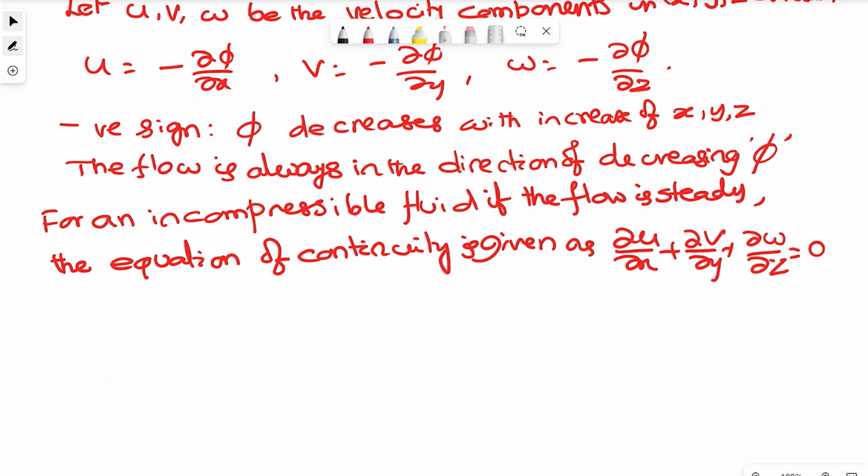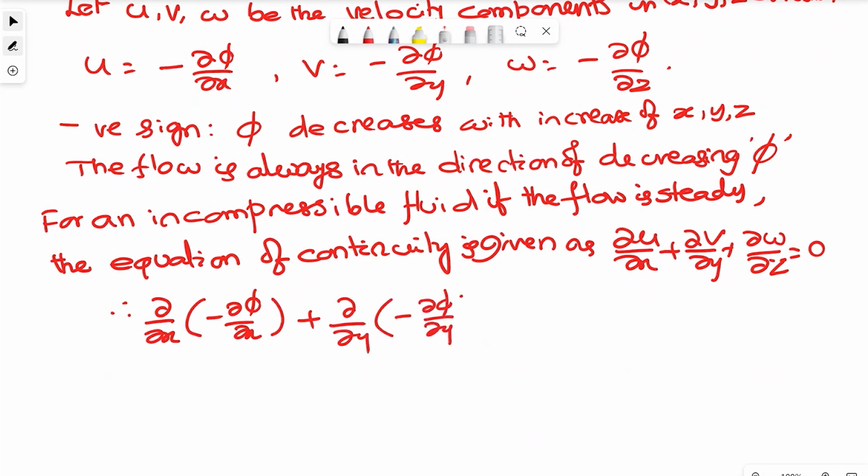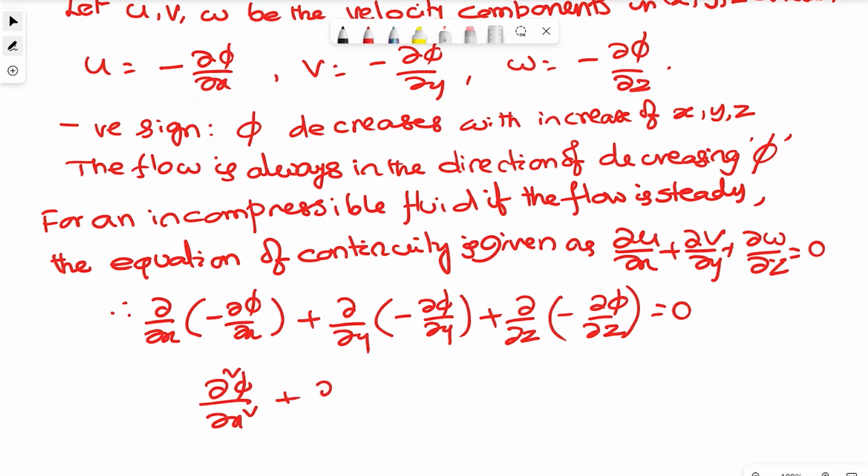That is, dou by dou x of u, meaning minus dou phi by dou x, plus dou by dou y of v, meaning minus dou phi by dou y, plus dou by dou z of minus dou phi by dou z is equal to 0, which is dou square phi by dou x square plus dou square phi by dou y square plus dou square phi by dou z square is equal to 0. And this equation is called the Laplace equation.